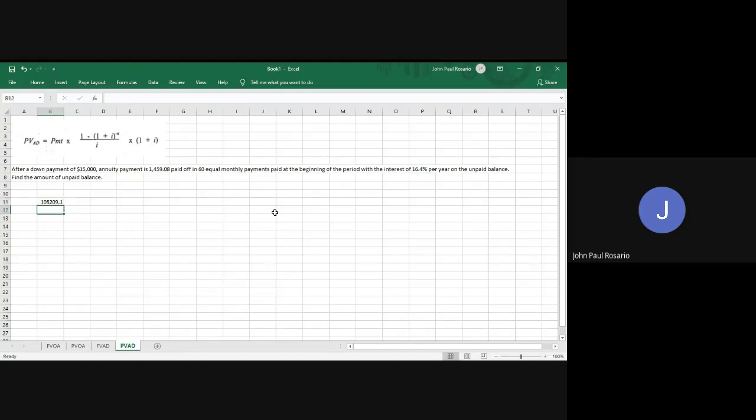Present value is equal to this. Did everybody get the same answer? Okay.